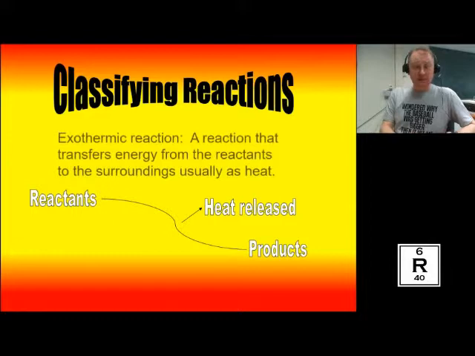Okay, the last two I'm going to show you involve energy. Now, every reaction either gains or loses heat energy. So if it releases heat energy, it's an exothermic reaction, and if it gains energy, it's an endothermic reaction. What I mean by that is that the reactants have more energy stored in their bonds than the products, and as the products are formed, heat has to be released.